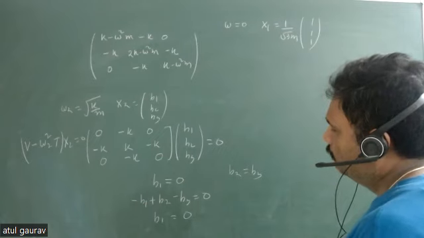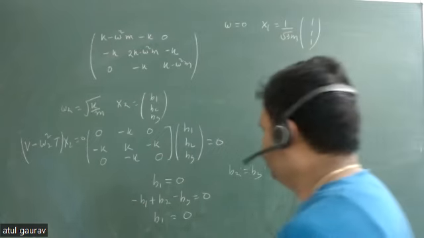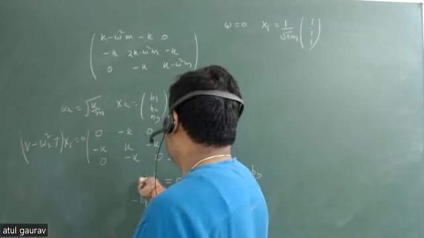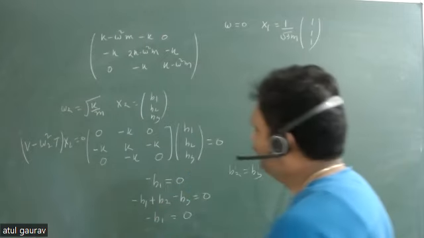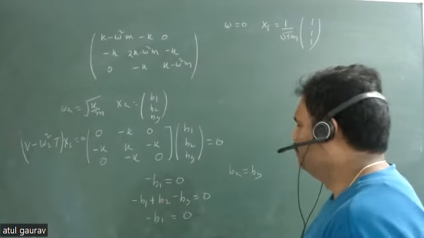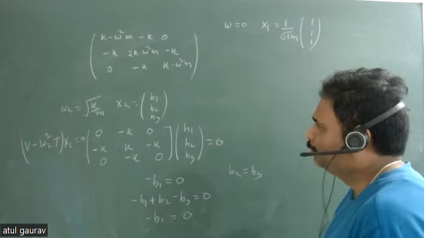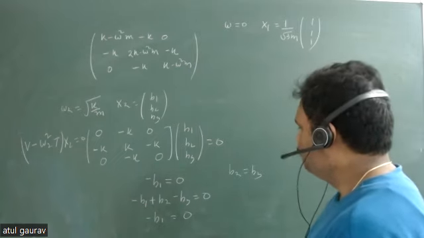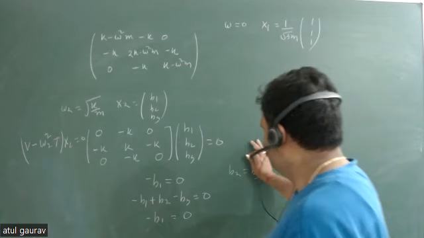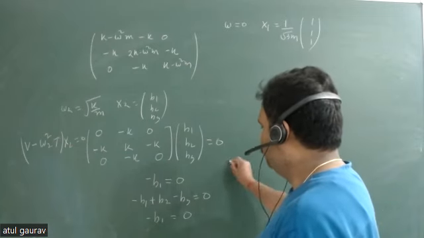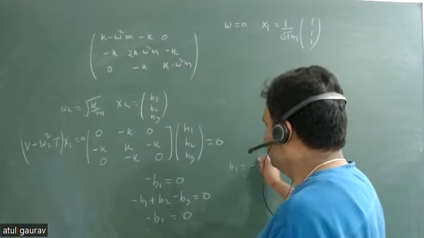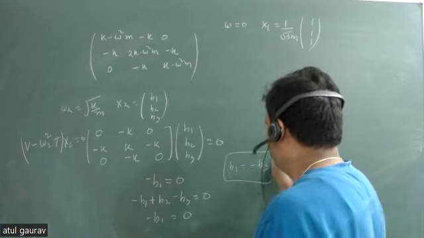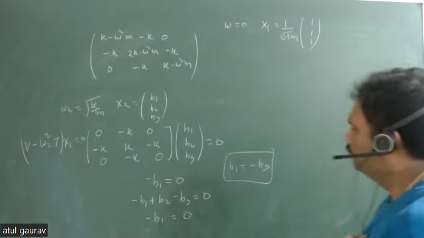Sir, last equation minus b2 is equal to. एक ही बात है यार. ठीक है, minus b1. ओके, चलो, क्लियर है ये? So b2 is equal to, sorry, b2 is equal to 0 and b1 is equal to what? Minus b3. Yes, sorry, b1 is equal to minus b3.